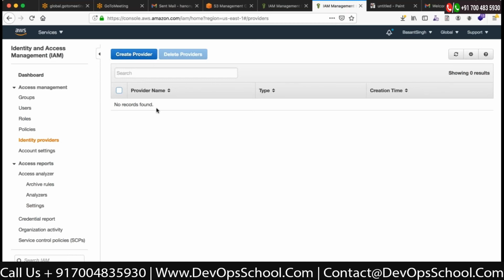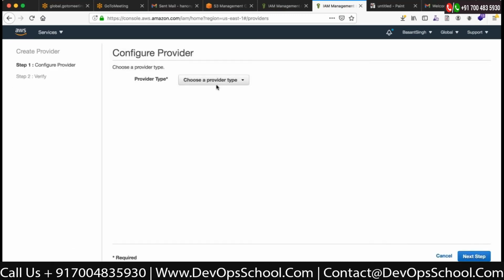So when we create a provider, Lata, we choose between two things: SAML and OpenID Connect. You have to give that SAML document right over here, which you can ask from the administrative team. Hey, give me a SAML document, which is single sign-on.